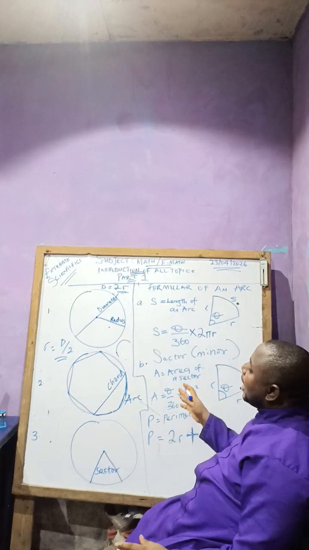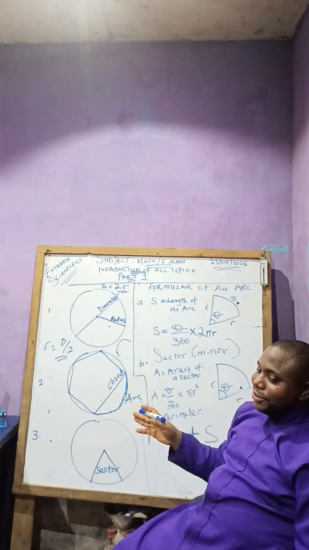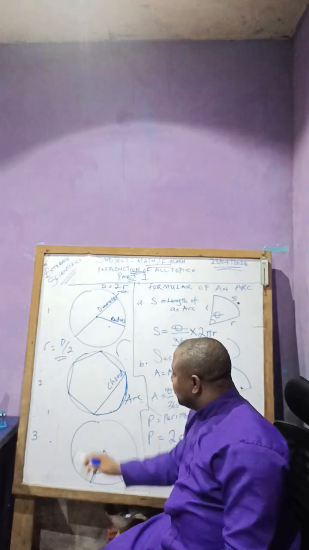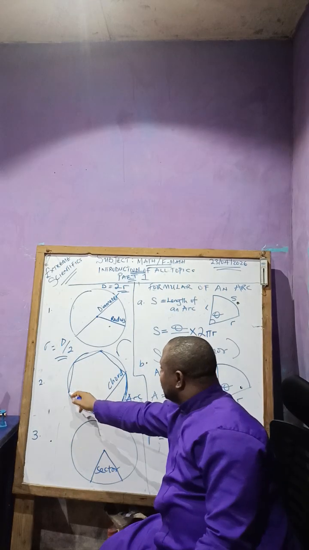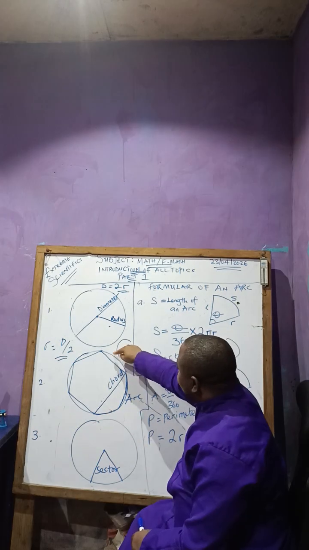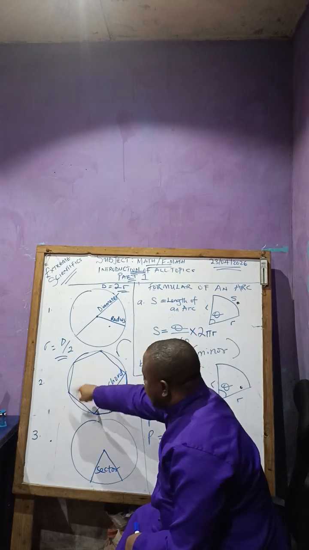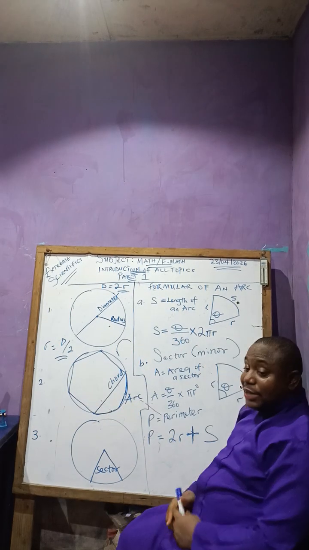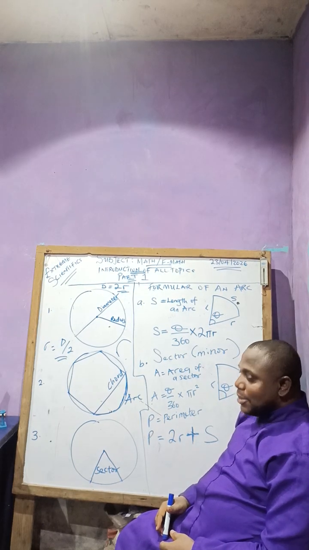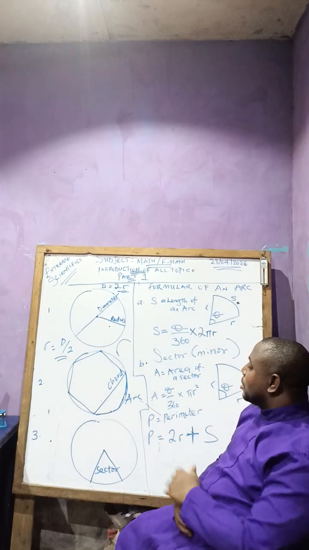We've divided this into a polygon. How many sides? Pentagon means 5 sides: 1, 2, 3, 4, 5. So we have this arc here, another arc here, another arc here. We can do it like that to 6. That's a hexagon.